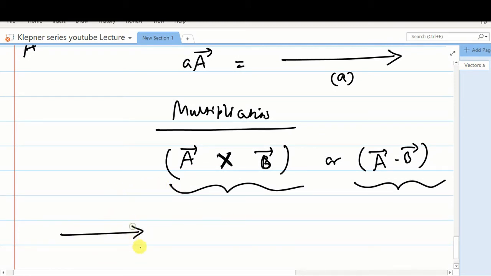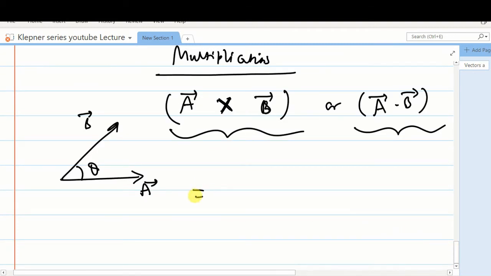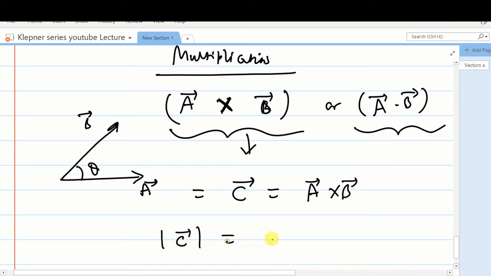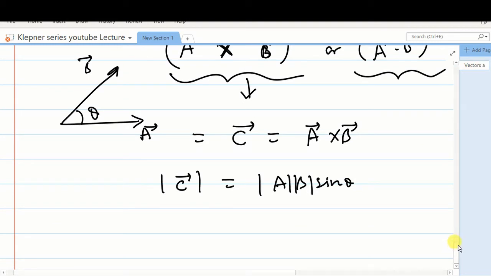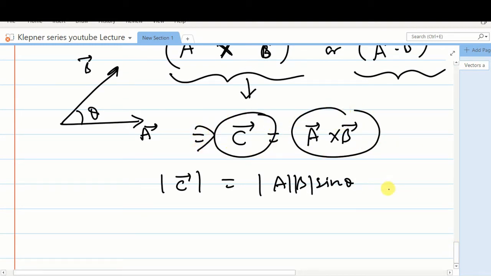If you have vector a and vector b, apart by some angle, the resultant vector of a cross b will have magnitude a b sine theta. They follow something we call the right hand rule.